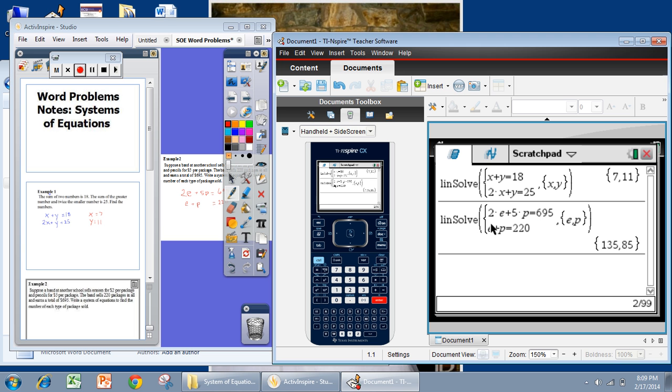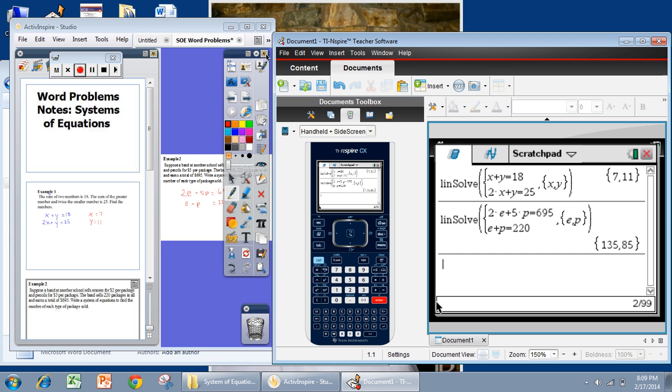Hit enter. Alright, so we sold 135 erasers and 85 pencils. And you can tell E goes with the 135 and P goes with the 85 because first and second. So 135 erasers and 85 pencils.